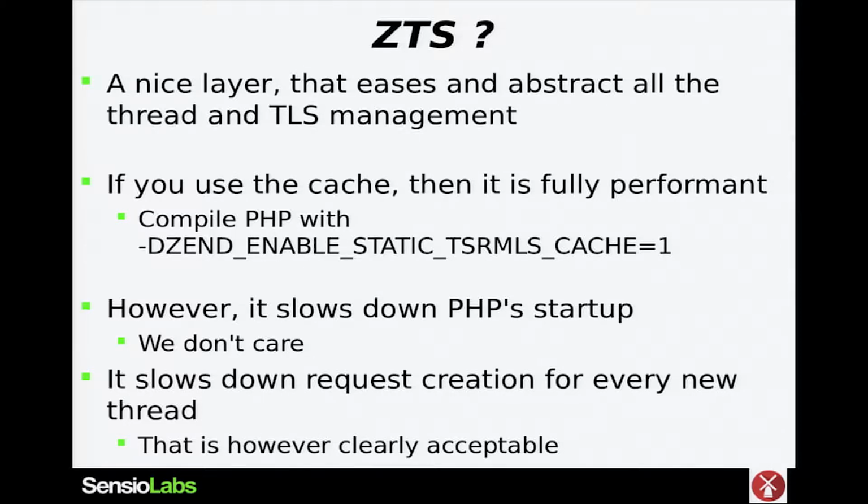It slows down PHP startup, but we don't care about that. If PHP starts in 100 milliseconds instead of 90 milliseconds, we don't care. It can be long. Do your job, prepare, because now you're going to treat thousands of requests and I want you to treat them fast.